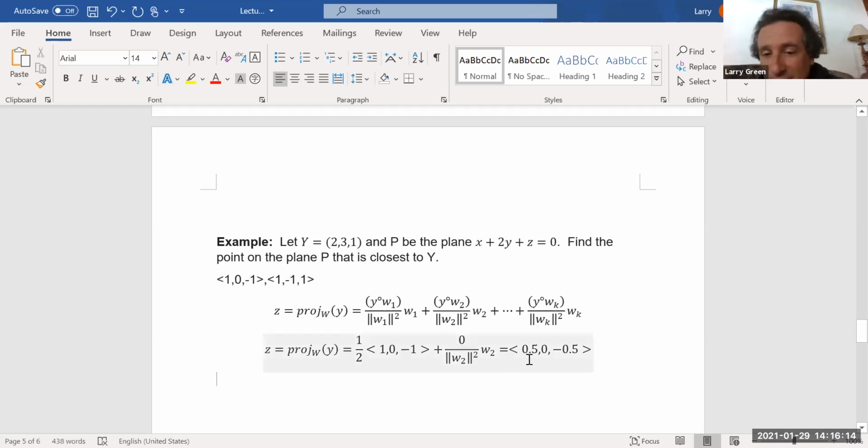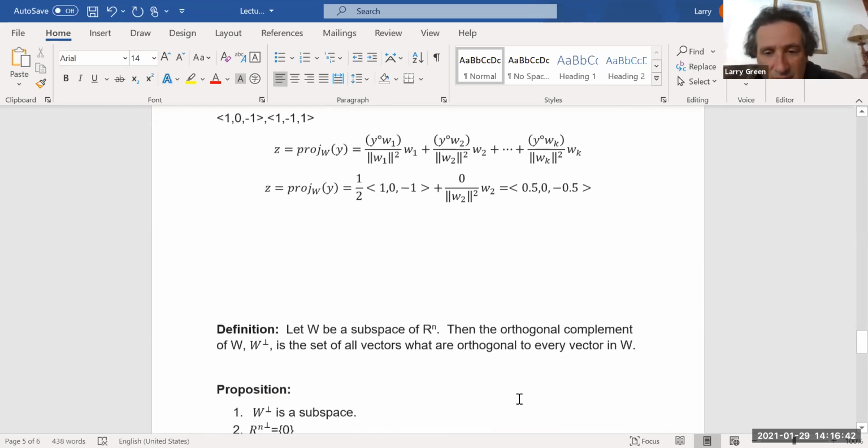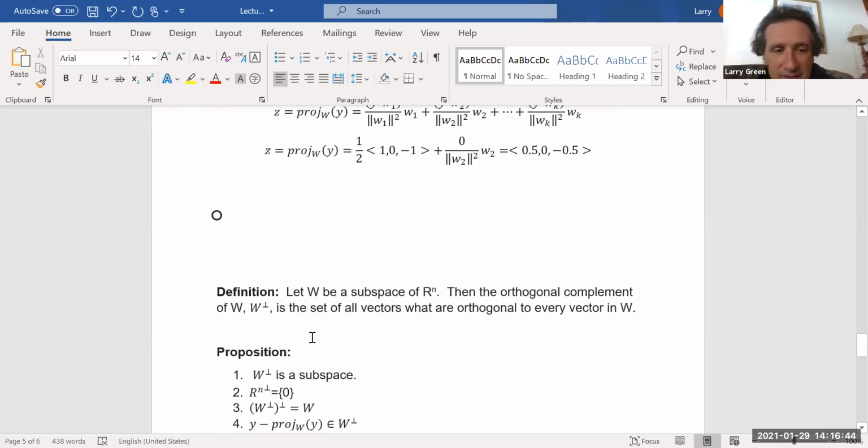And that means that this point, 0.5, 0, negative 0.5, is the closest point on the plane to 2, 3, 1. And that wasn't very hard, was it? Hopefully you agree. And you could do this in many examples. Any questions on that example?